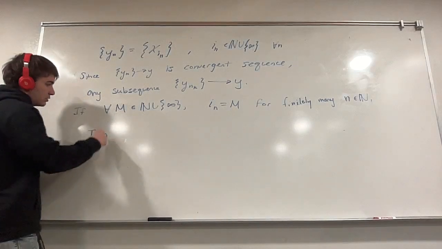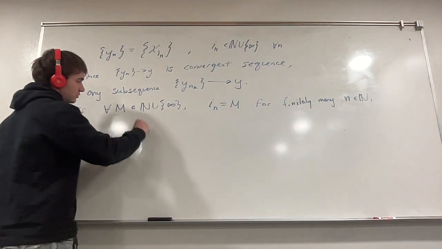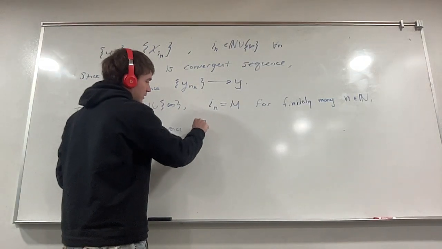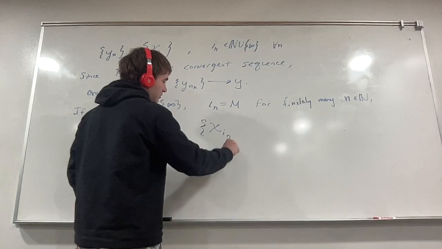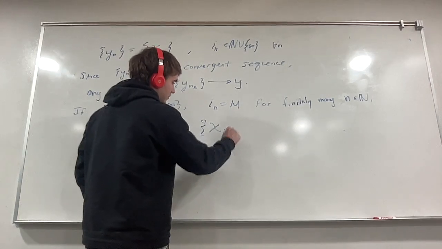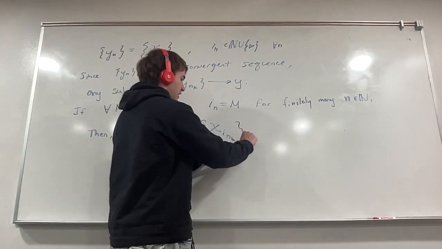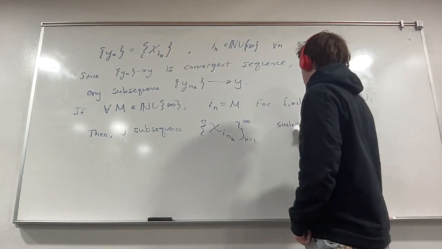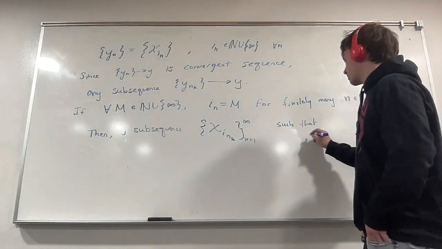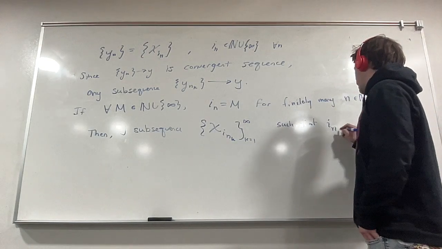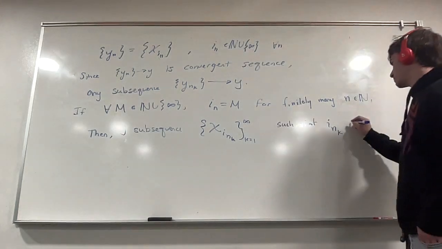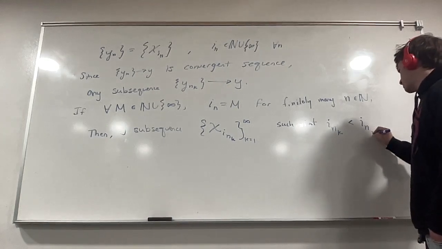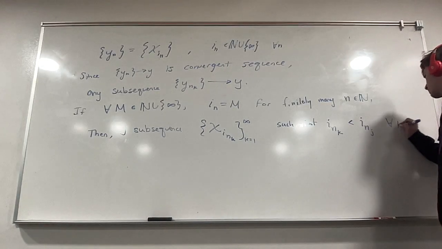Then there exists a subsequence x sub I sub n sub k, where k is running from 1 to infinity, such that I sub n sub k is going to be less than I sub n sub j for all k less than j.